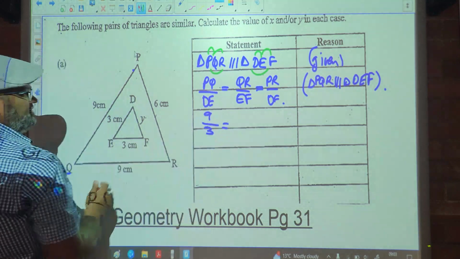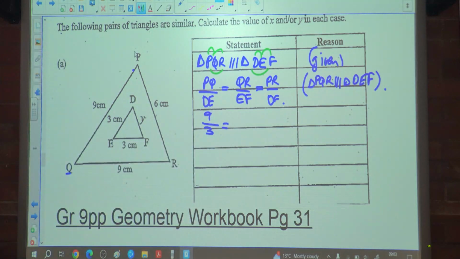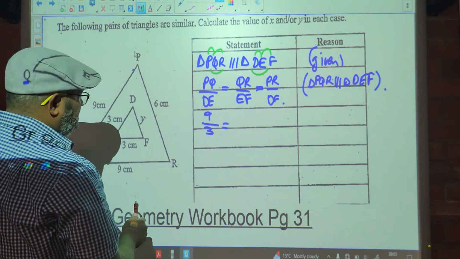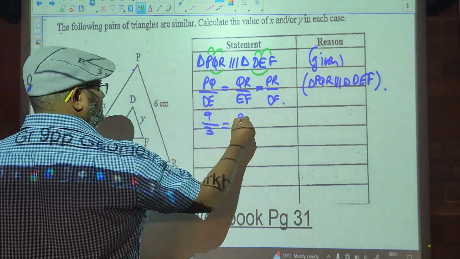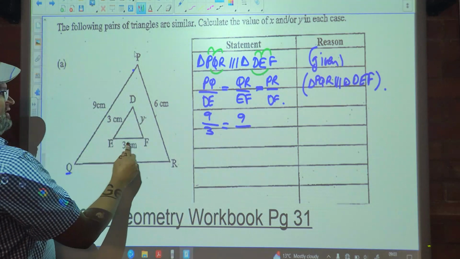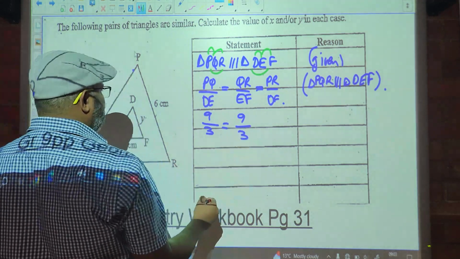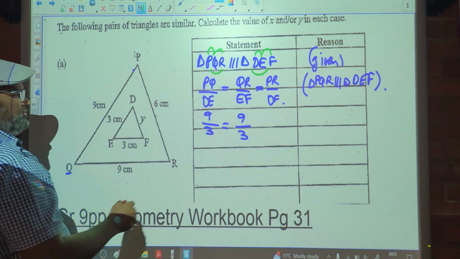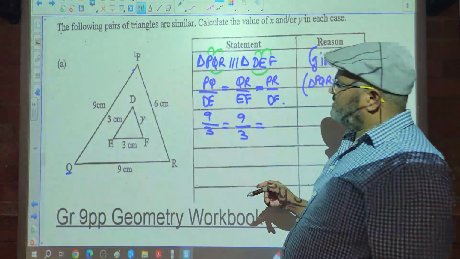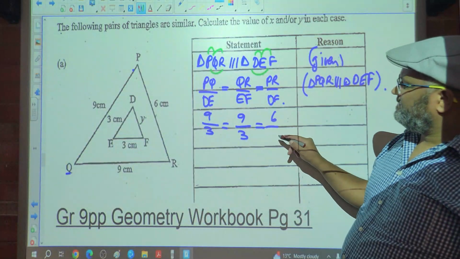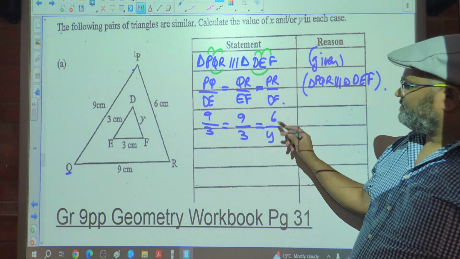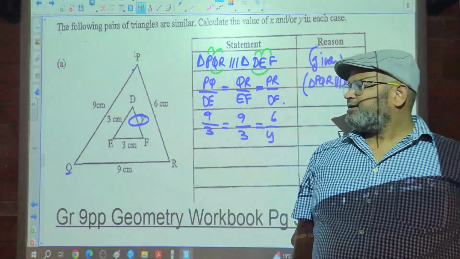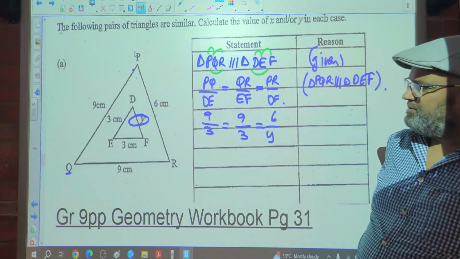Now there's your known ratio. QR, sorry, 9 over if this is 3, which is equal to PR 6 over y, which is DF. Do you guys understand?